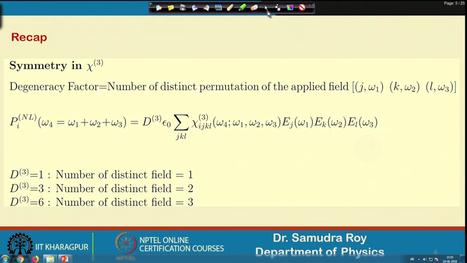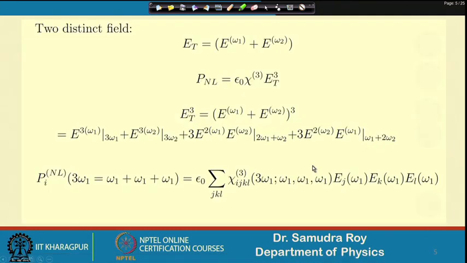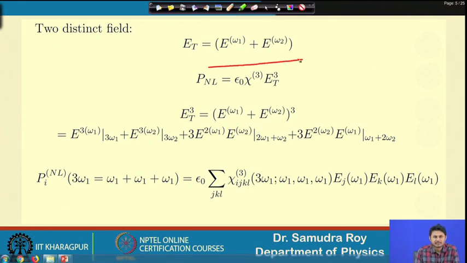In order to understand these things, let us take an example, the same example I showed. So, here this is the case. The total electric field is E1 plus E2, where the frequency components omega 1 and omega 2 are there. So, two different frequency components.